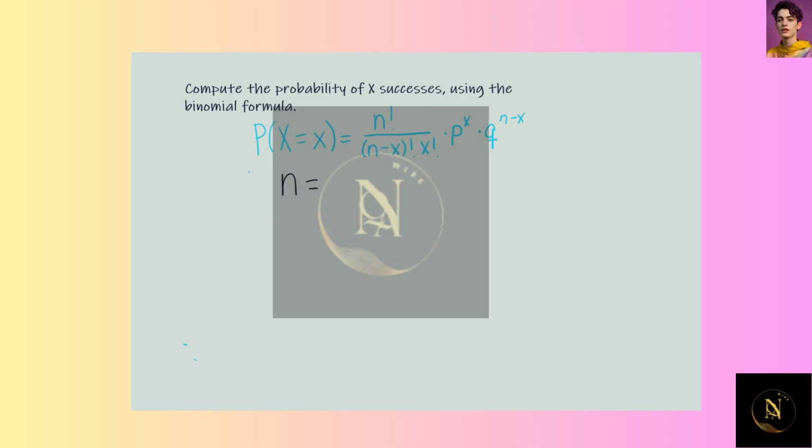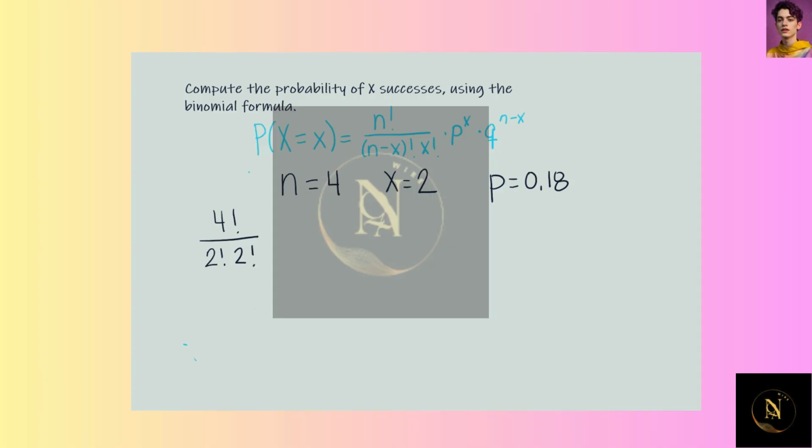Let's try another example. N equals 4, x equals 2, and p equals 0.18. So for this example, we would do 4 factorial divided by 4 minus 2 factorial, which is 2 factorial, times 2 factorial.